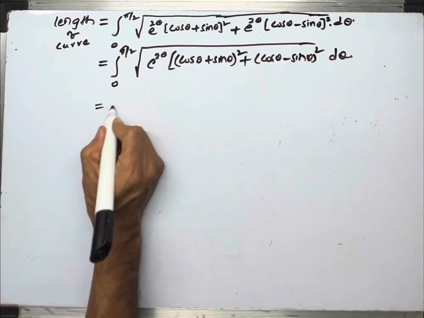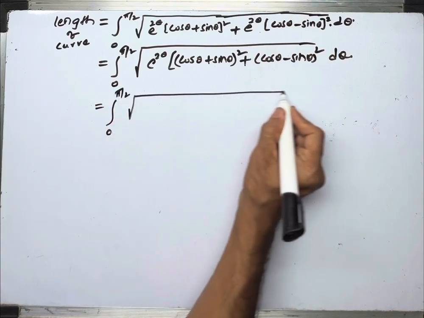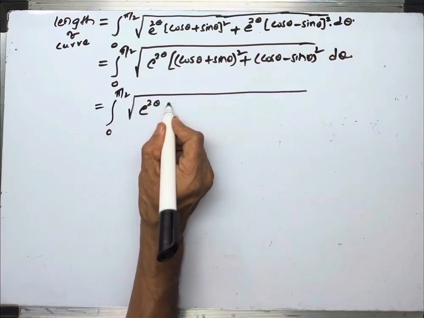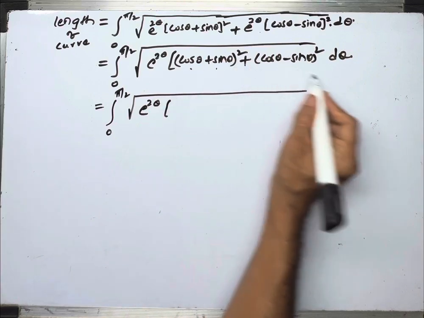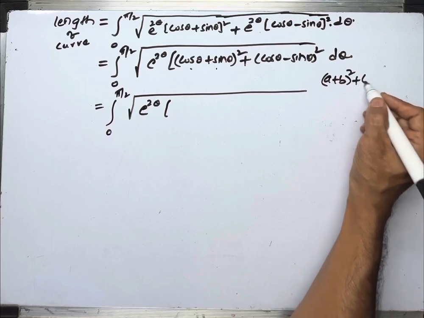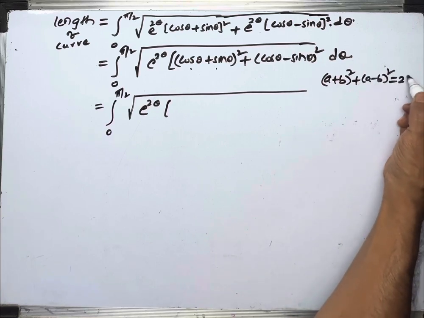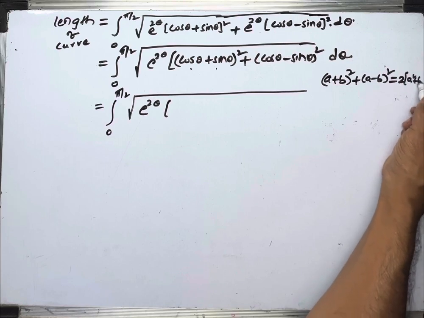Next step, 0 to pi by 2. E power 2 theta is common. A plus b whole square plus a minus b whole square condition. This identity we have to use. If we simplify this one, what you will get? 2 times of a square plus b square.